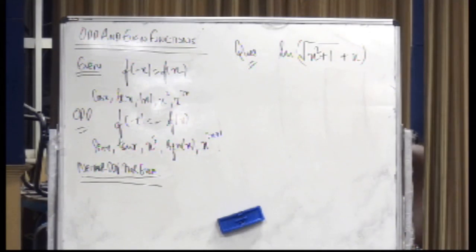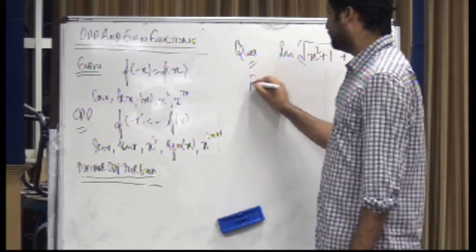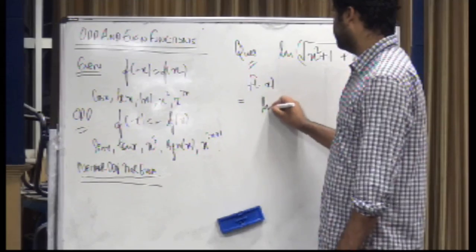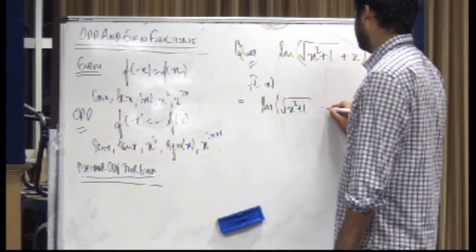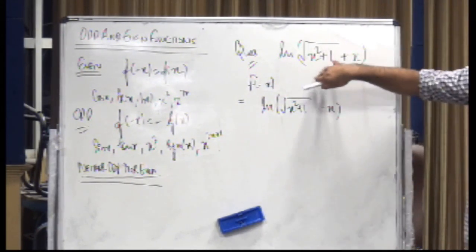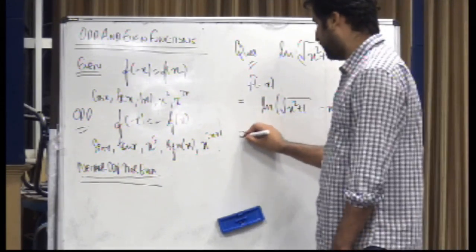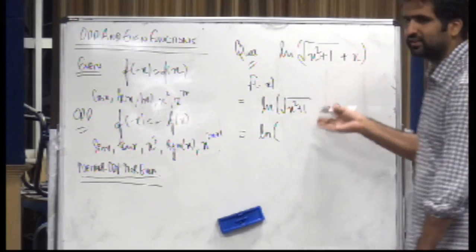So here you'll have to use some properties of logarithms. If you take f of minus x, this is equal to ln of root x square plus 1 minus x, right? But you want to make it something like this so that you can judge whether this is an odd function or an even function. So I can rationalize the numerator.